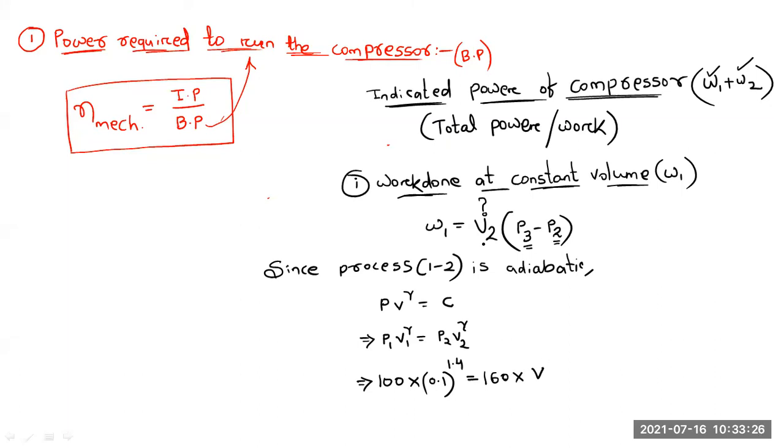We don't know V2, because only V2 we have to calculate. So V2 to the power 1.4. Now you solve this equation and tell me the value of V2 we are getting, in meter cube per second.